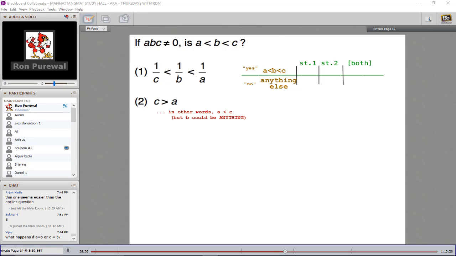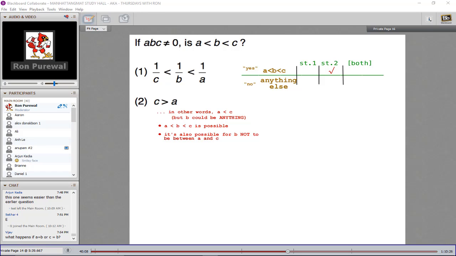So given that, it's definitely possible that B is between them. So that's possible. And it's also possible for it to not be between them. So we just don't know. We can definitely check off both of the boxes. Give me a smiley face if that makes sense.